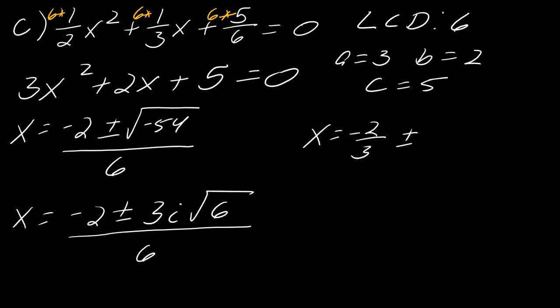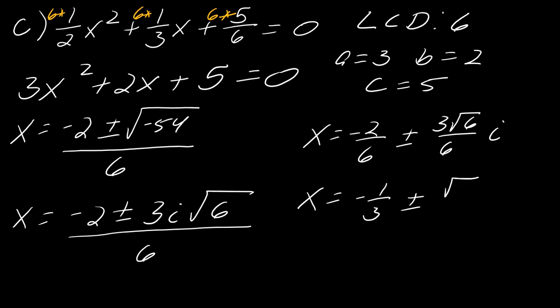So I've got -2 over 6 plus or minus 3 times the square root of 6 over 6 times i. And so then, oops, this should have been -2 over 3, my bad. Okay, and so then this will become -1/3 plus or minus the square root of 6 over 2 times i. And again, you would have to possibly break this out into two separate fractions. But this is as far as this goes.